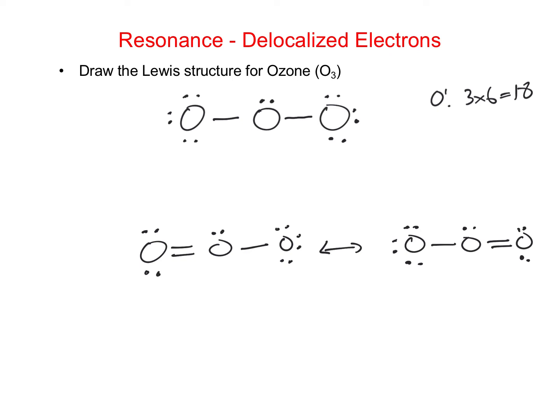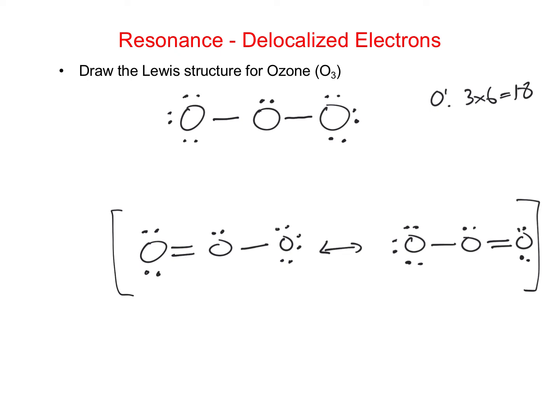Now, what this might lead us to believe is that an ozone molecule has one double bond and one single bond, or that it's flopping back and forth between the double bond being here or the double bond being here.